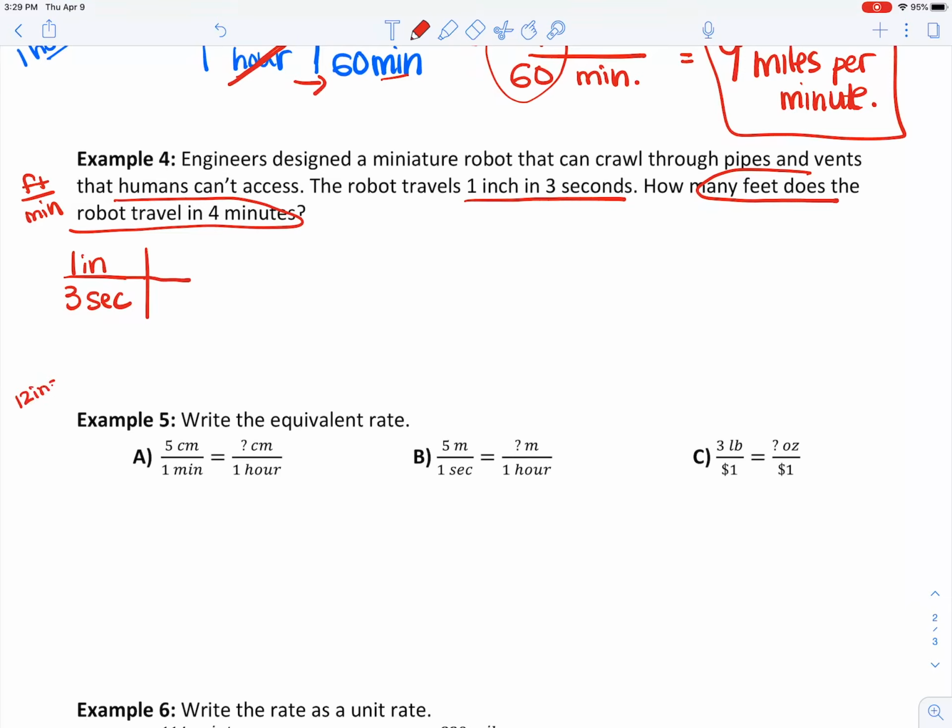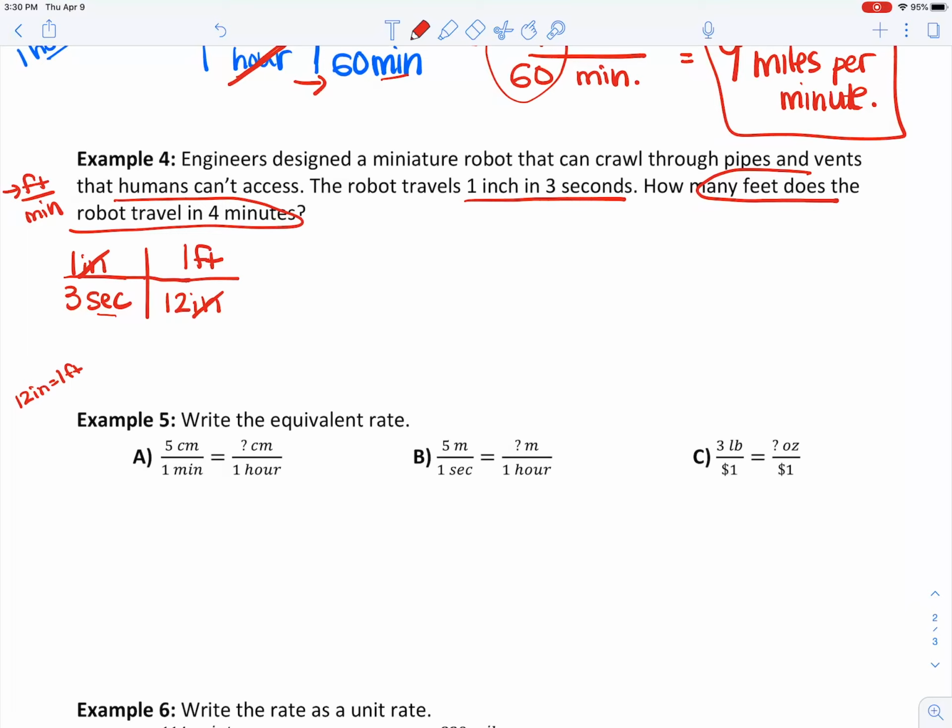I know that there are 12 inches in 1 foot. So because I want my inches to cancel, I'm going to put 12 inches on the bottom, because then this inch and this inch cancel. So if 12 inches is on the bottom, I have to put what's equal to it on top, which is 1 foot. Now look at that, I got my foot on the top just like I wanted.